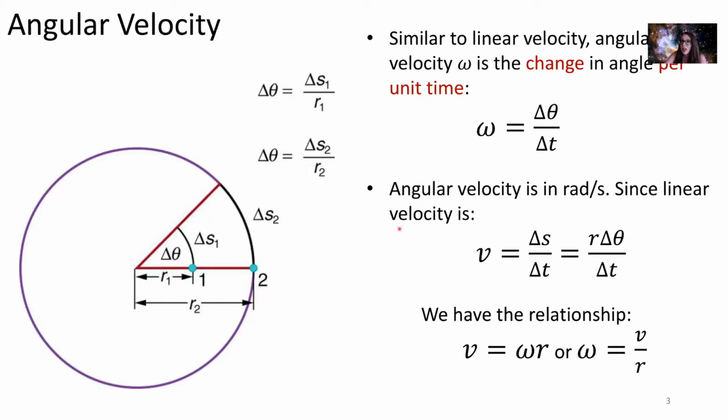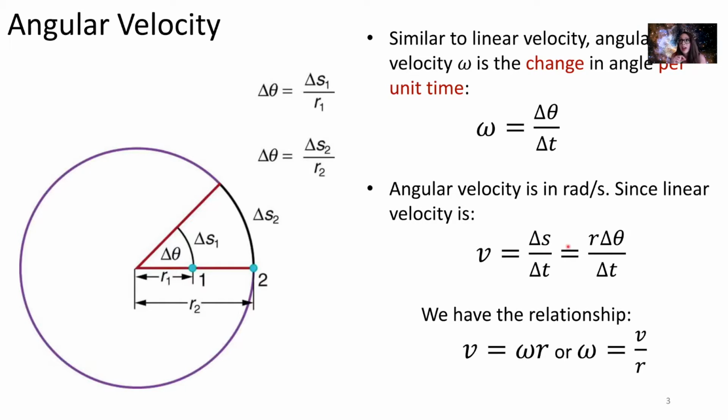And there's a conversion between linear velocity and our angular velocity. Linear velocity is equal to the change in your arc length over change in time, because a velocity is a distance over time, and an arc length is a distance. So the distance that you move through along the edge of your circle, that's our arc length, delta S over t.